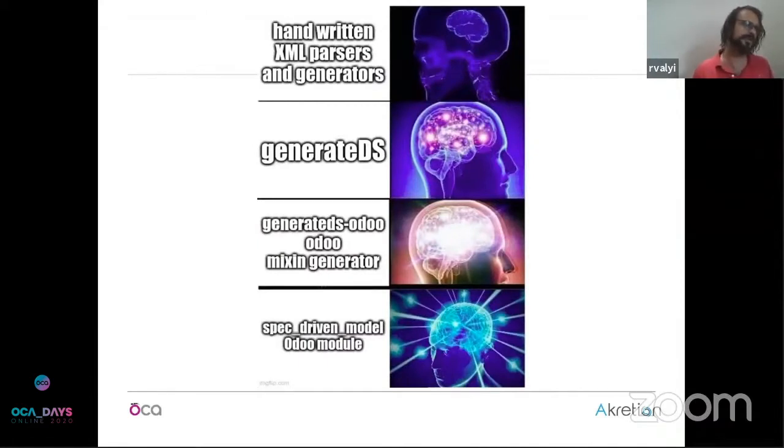This is a picture to show you there are several levels you can work with XML and Odoo. And most people see only the first level at the top. And we will see the other levels in this talk.